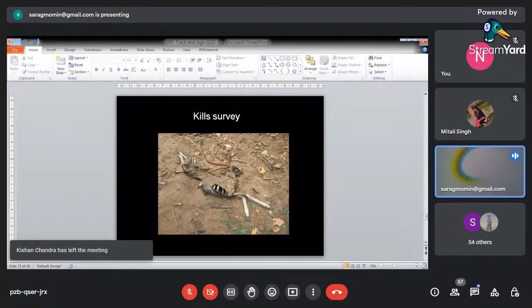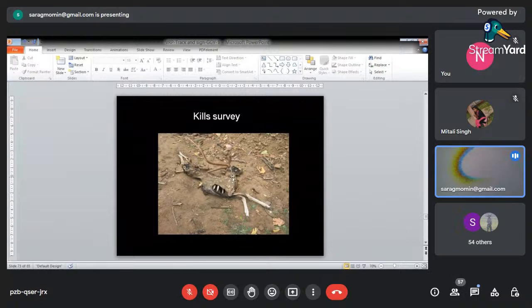Look at this kill. All the body parts are intact, even the skin is intact. If it were killed by a poacher, you would not find the entire horn and body parts. If it were killed by any predator species, there would be no intact body parts.